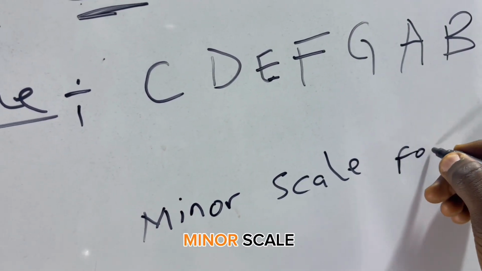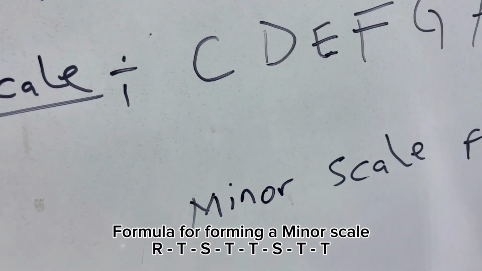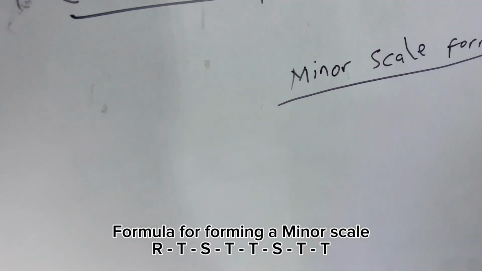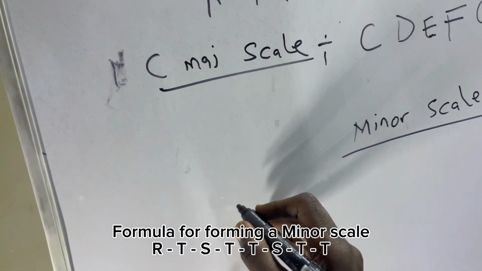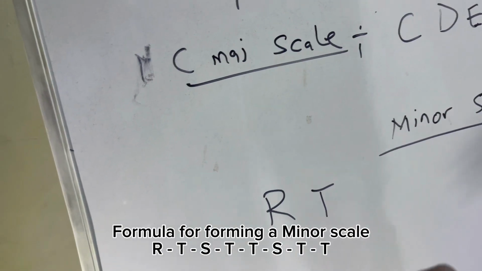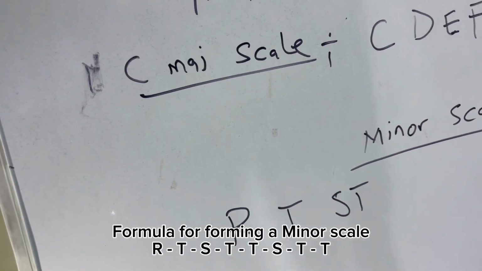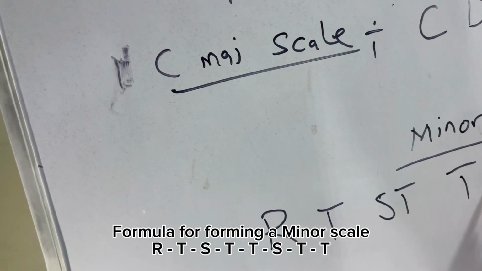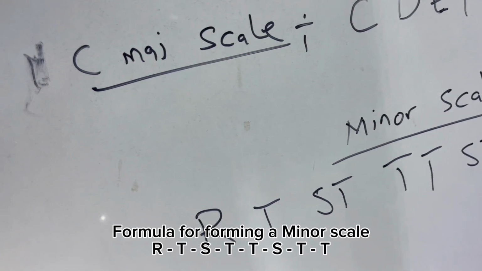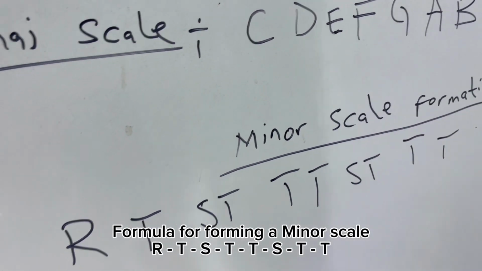How you form the minor scale, there is a formula like the major scale, and the formula is root note, tone, semitone, tone, tone, semitone, tone, tone.